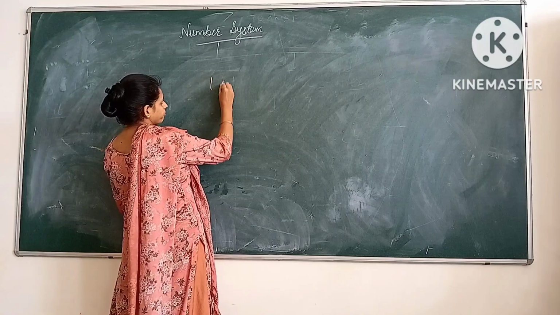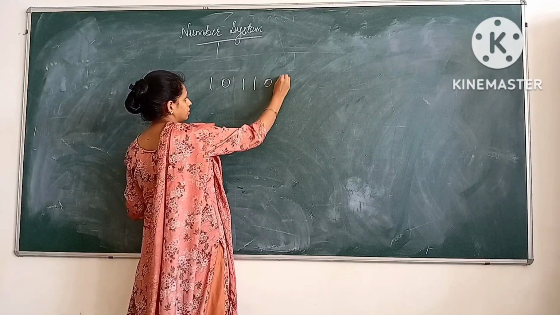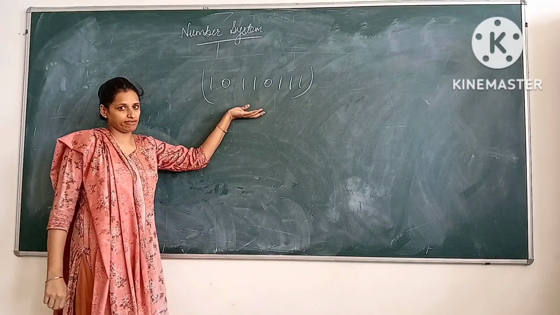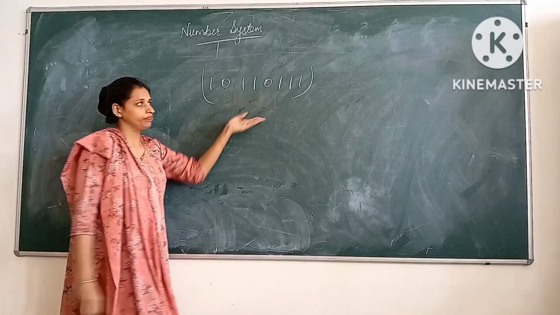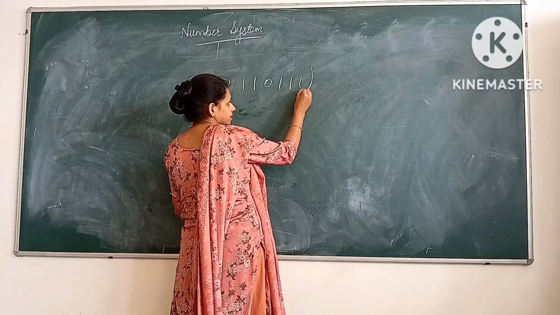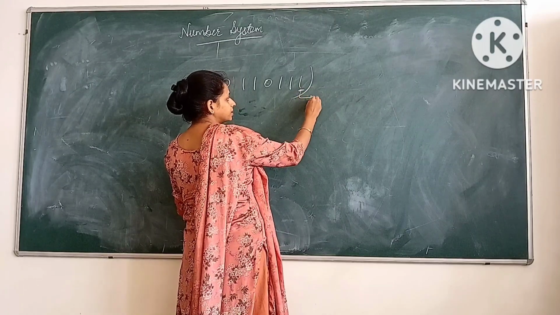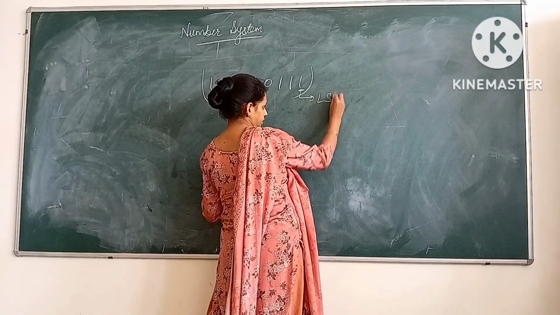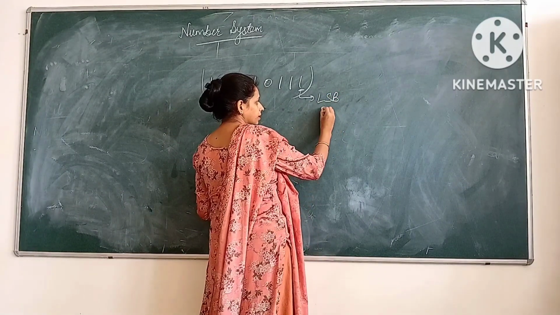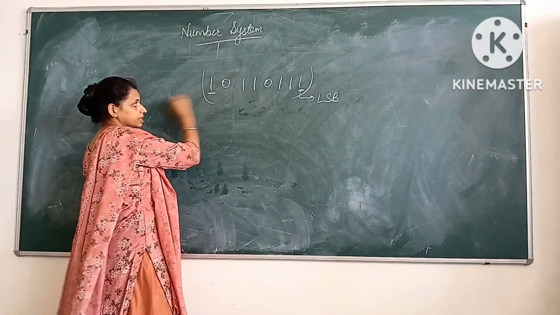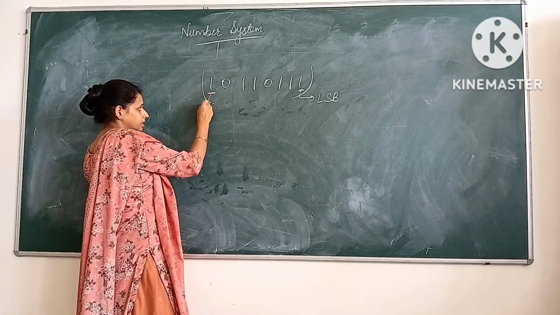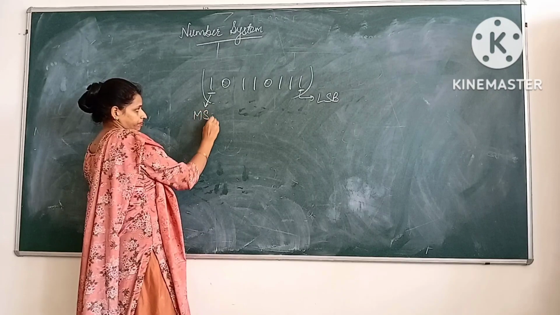Suppose we have any value, this is a binary value, normally we consider it binary. In this case, the digit at the right is LSB and the digit at the leftmost is MSB.